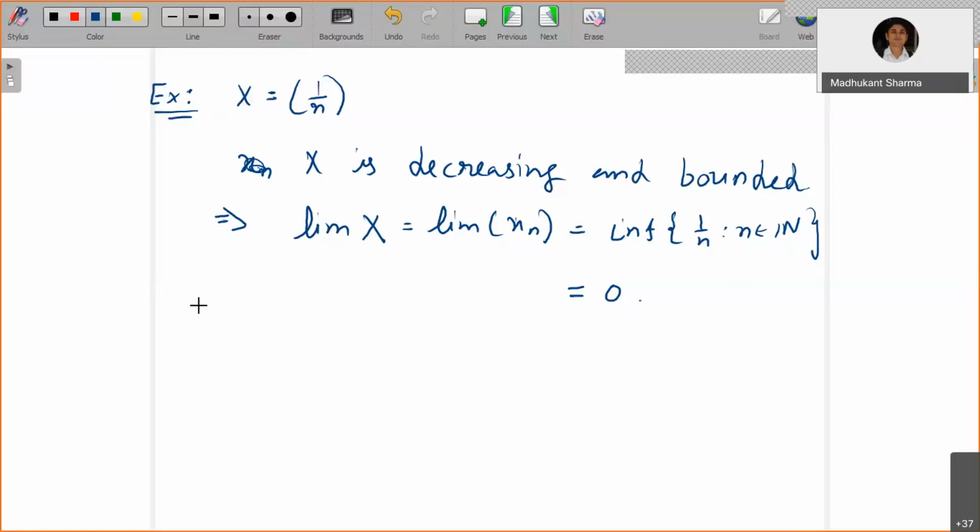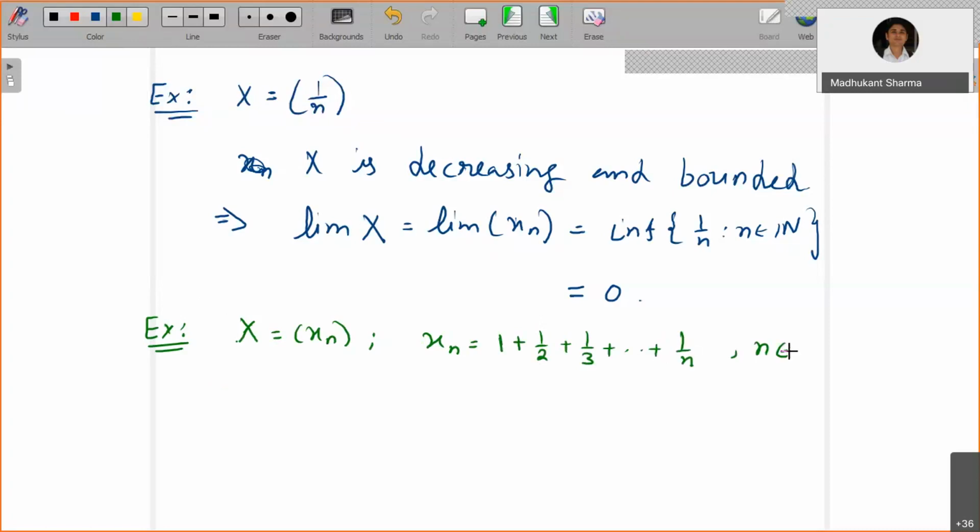Now let's take one example here, which we are going to show. Let's take the sequence x equals xn such that xn is equal to 1 plus 1 by 2 plus 1 by 3 plus and so on plus 1 by n.